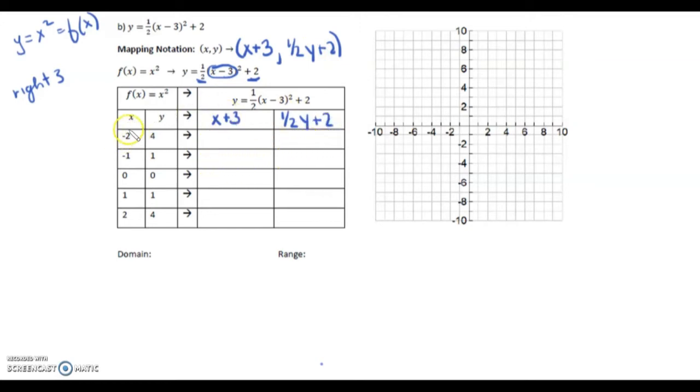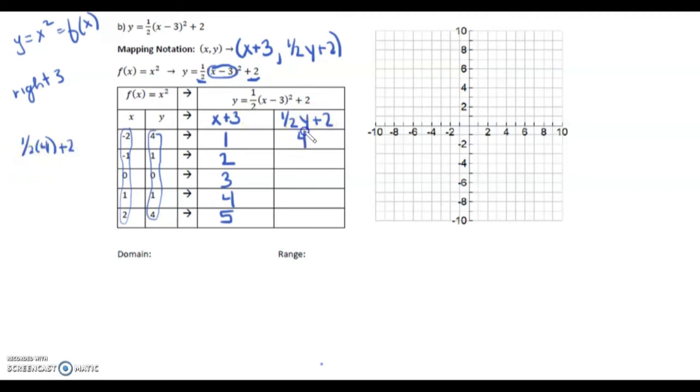Okay, so let's do all the x's first. Every value here, add 3 to it. So -2 plus 3, -1 plus 3, 0 plus 3, 1 plus 3, 2 plus 3. Every y value here, we're going to half it and then add 2. So, just so you can visually see, it's going to be 1/2 of 4 plus 2.